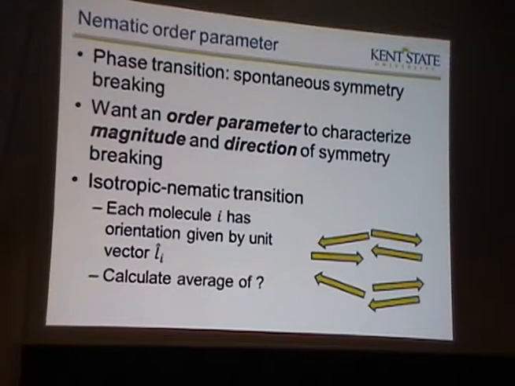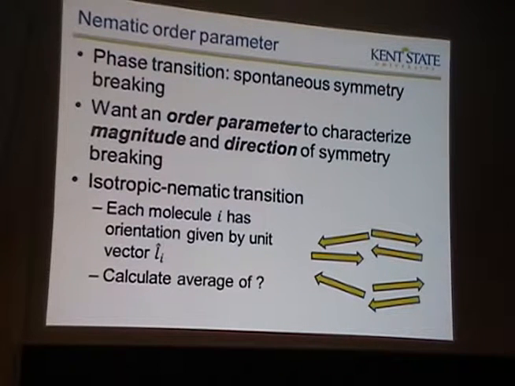So I'm going to point out to you that when we have the phase transition from the isotropic liquid to a nematic liquid crystal phase, that is an example of spontaneous symmetry breaking. You're going from a phase that has perfect rotational symmetry, where all directions all around the sphere are equivalent, to a phase where one axis has gotten singled out.